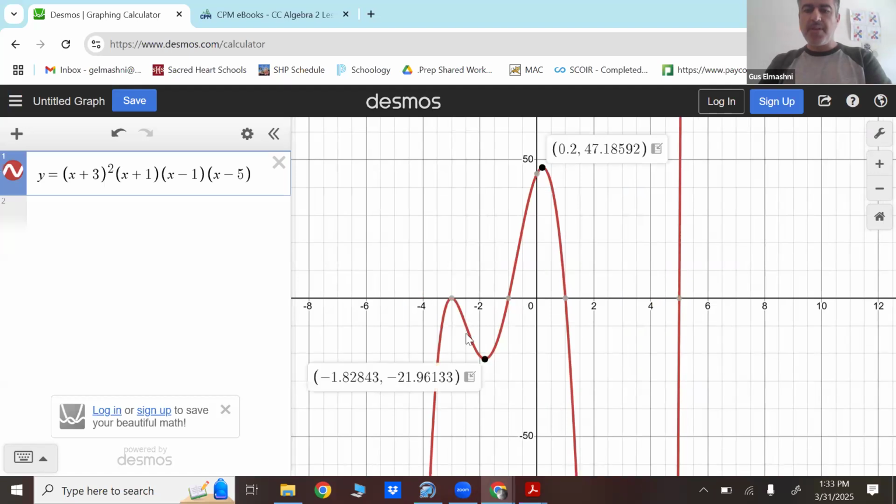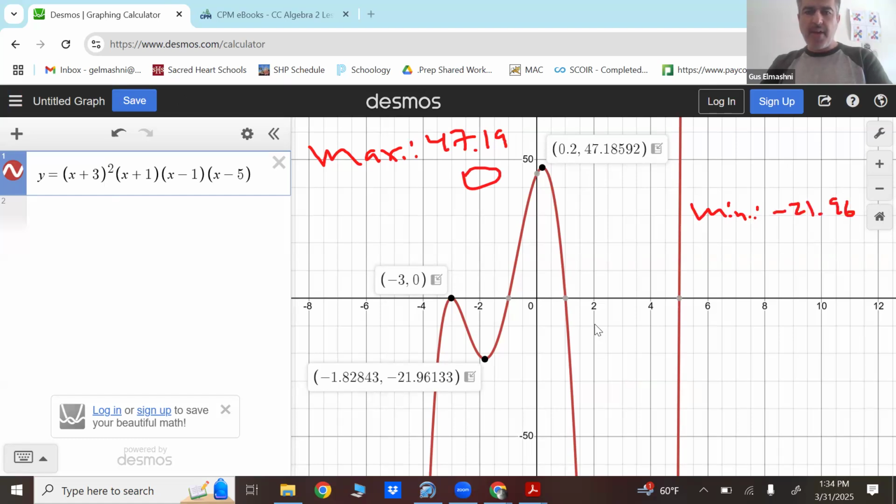And by the way, the beauty about Desmos, it gives you those max and mins pretty easy, right? So you could say the max here is what? And usually when you give the max, you just give the y values. That's totally fine. Max of 47.18. A max is 0 also. Where do you have low points? At negative 21.96.